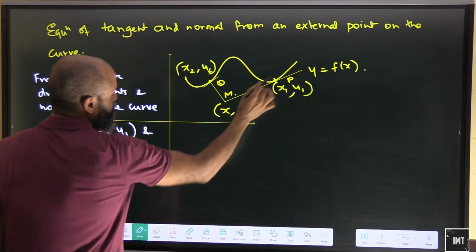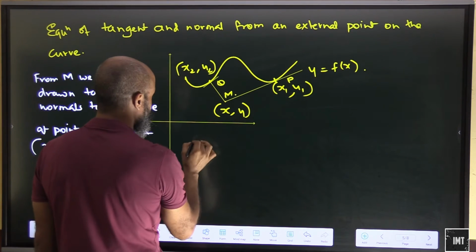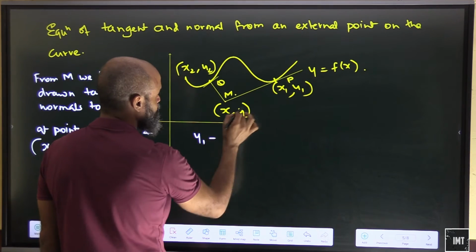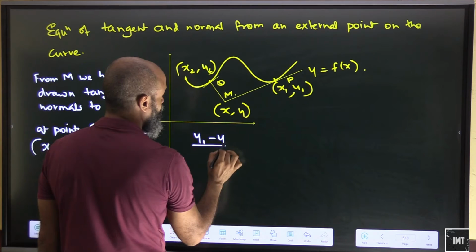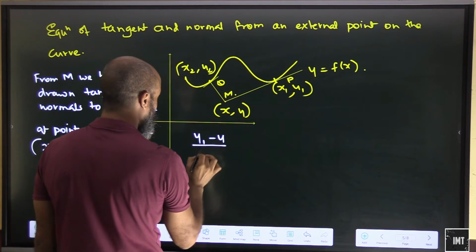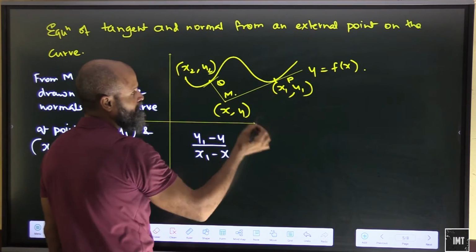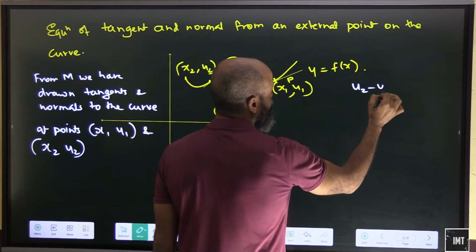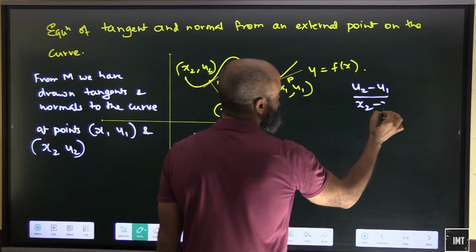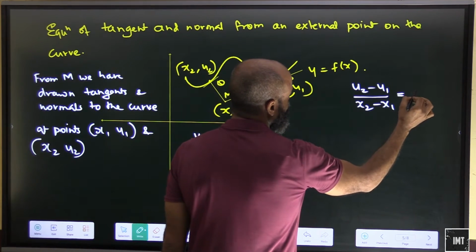So obviously let's say we take this as y1 minus y upon x1 minus x will be equal to what? The slope. We are taking this form, y2 minus y1 over x2 minus x1 is equal to m.